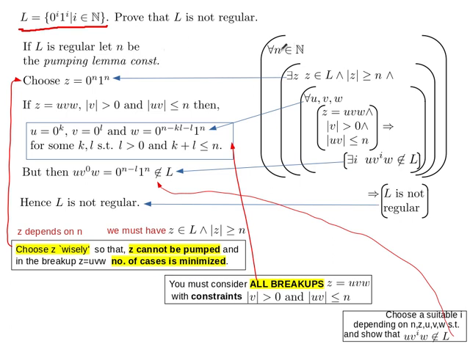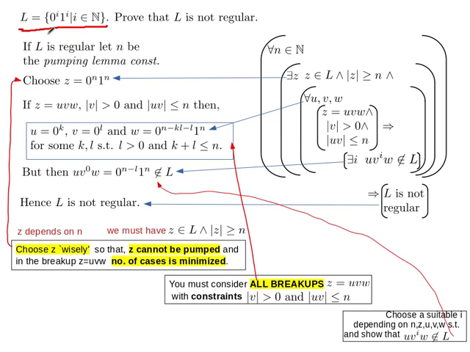So you remember that this z can depend on n, and this i can depend on all the previous variables, that is u, v, w, z and n, right? Now we can write the proof in proof by contradiction form.